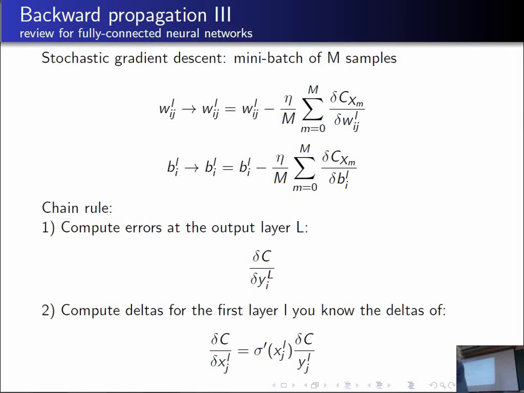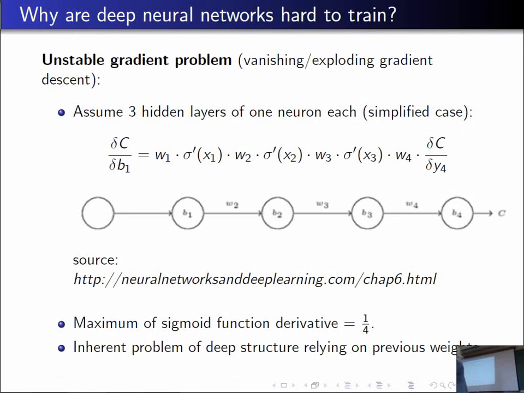So again, backward propagation. Okay, so why are deep neural networks hard to train? The explanation is based on the unstable gradient problem. Because you have a lot of layers, a lot of neurons, you have to propagate the gradient.